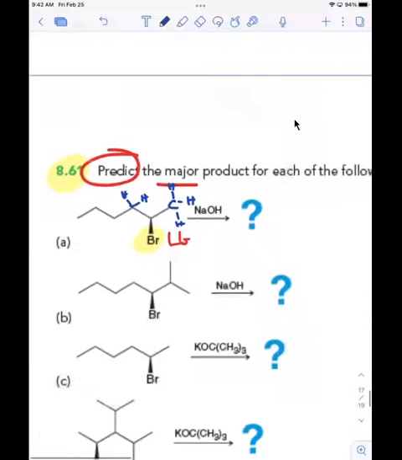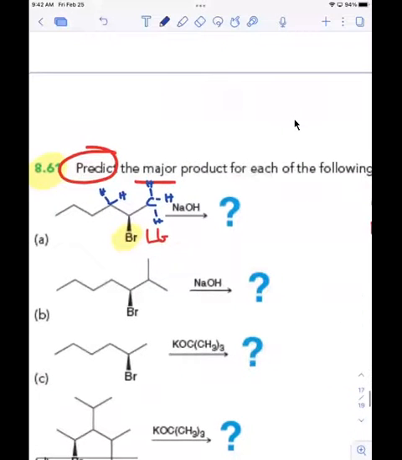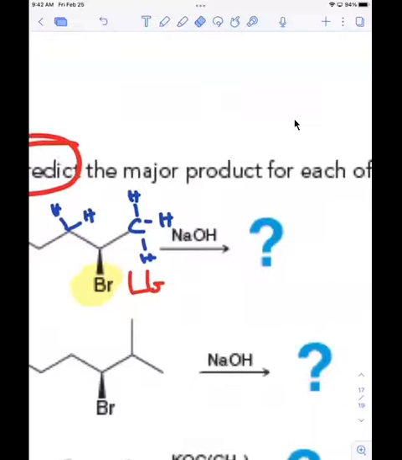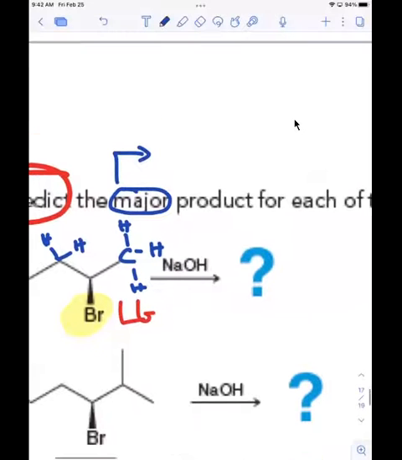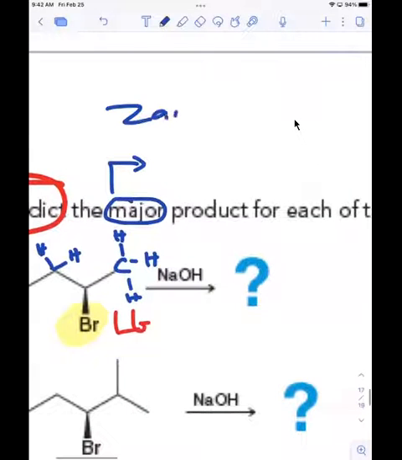And it says the major product. When it says major for an elimination, what does that mean? It's going to happen the majority of the time. Yeah, okay, that's true. But when we think about elimination, what are we making in an elimination reaction? The pi bond. So this is based on Zaitsev's rule, which says that which pi bond is going to predominate?